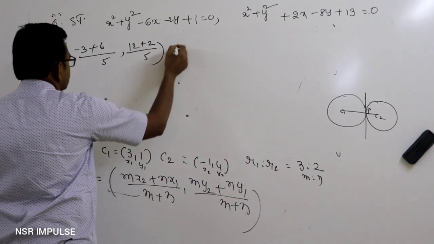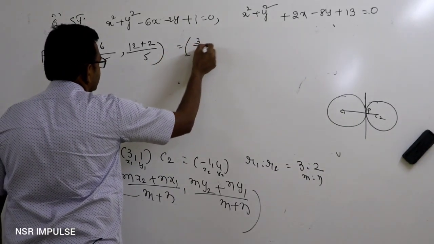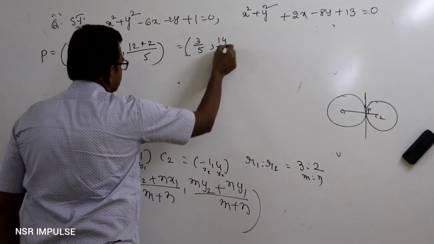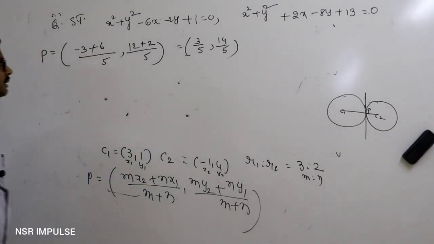Therefore, that is 3 by 5, comma 14 by 5. So this is the point of contact.